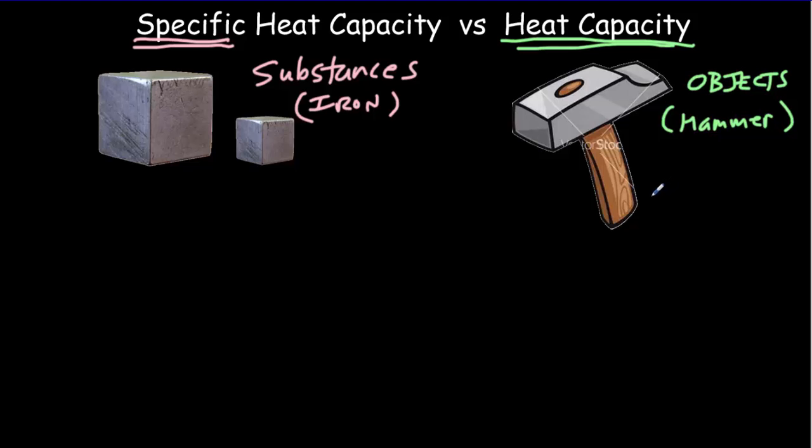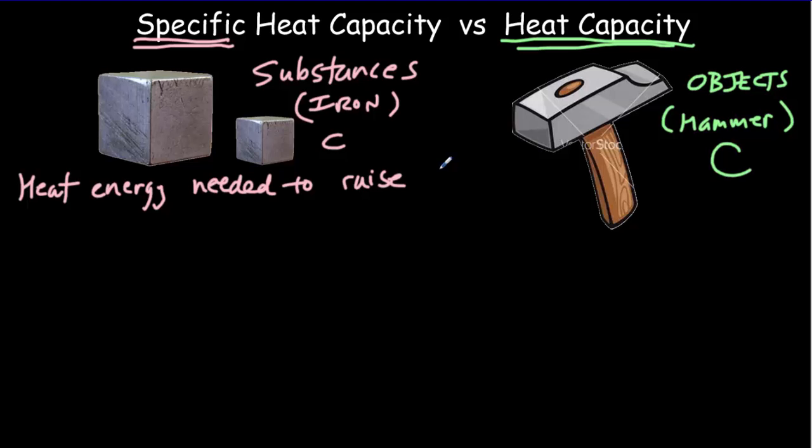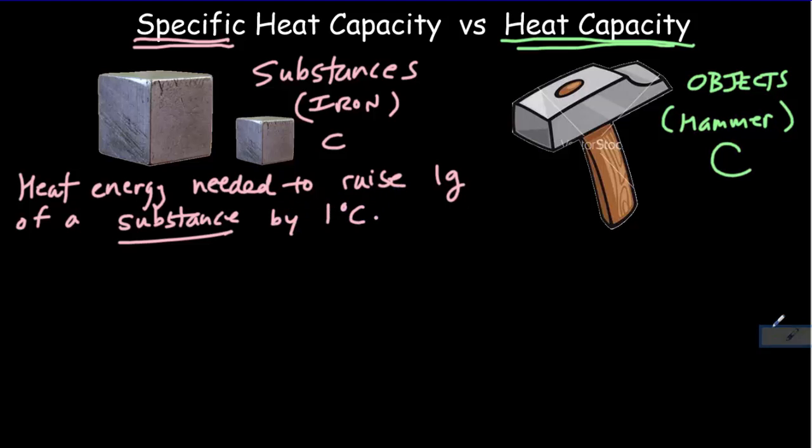It could be any object. And we use a capital C for this heat capacity, whereas for the specific heat capacity, we use a small c. When we defined the specific heat capacity, we said it was the heat energy needed to raise 1 gram of a substance by 1 degree Celsius.